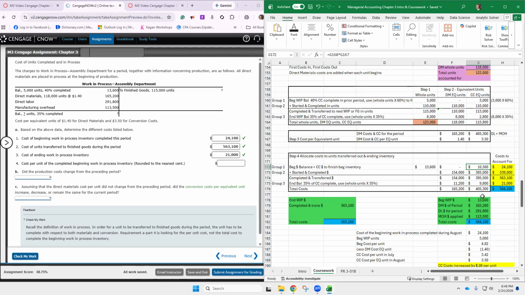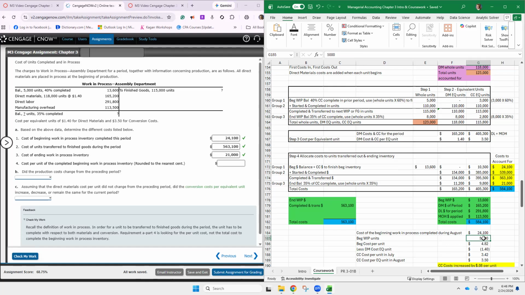We take the 24,100 in the beginning inventory. Let's think about this a minute. While this is the beginning of the month, it is actually the ending of the month before. So we're going to put that there.